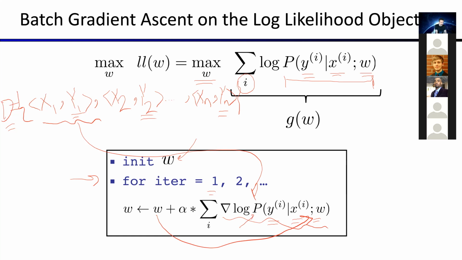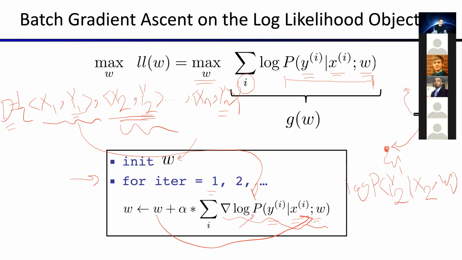So basically, when you started with W0, in the next step, when you calculate for the second example, you calculate the log probability of the second example, in this case y2 given x2 and W1.